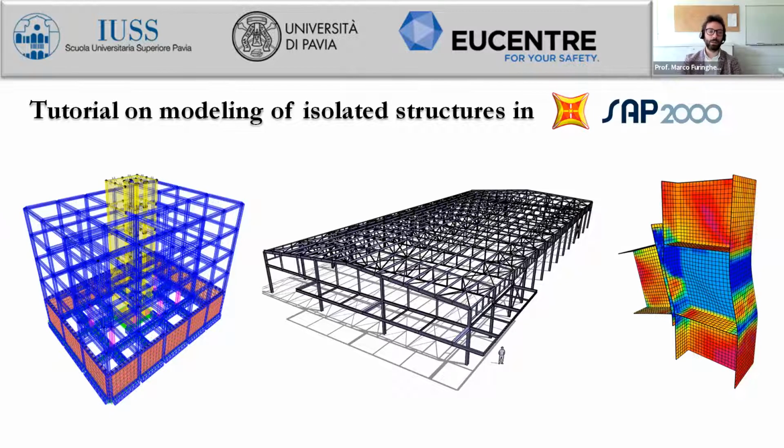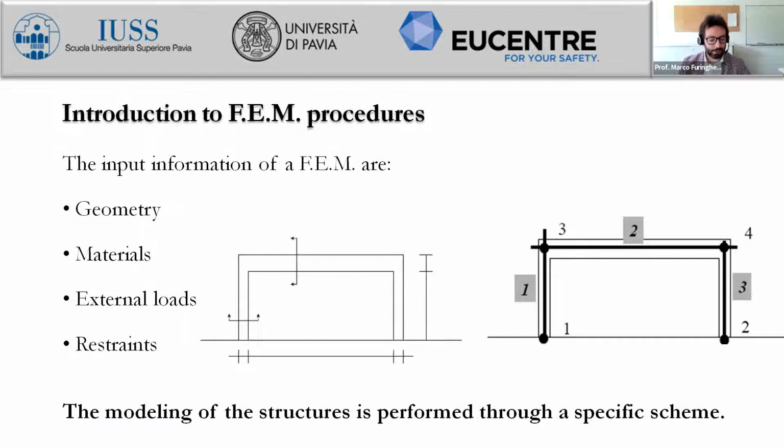So now let's have a look at the main steps that we have to follow whenever we have to model a structure within the software. So, a very brief introduction to the finite element modeling procedures. There are some input information that we will use within our models, which are actually the geometry, which seems to be the easiest, but it is a little bit tricky depending on the typology of finite element that we are going to use, depending if they are frame.